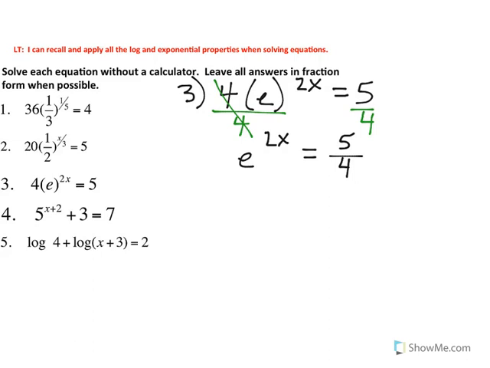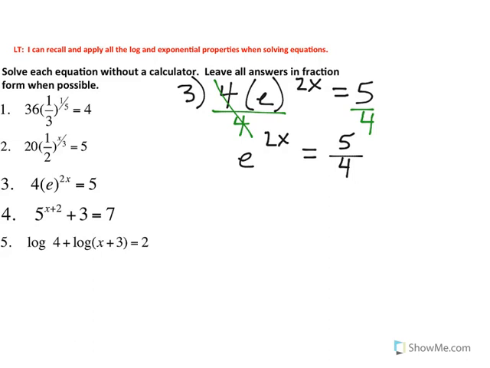I don't even know the powers of e. I couldn't tell you off the top of my head what e squared is, or e to the 3rd power. Likewise, I couldn't tell you what 5/4 to the 7th power is very quickly. So as we're looking at both bases on either side and thinking through each of their powers, hopefully what is going through your head is this doesn't work.